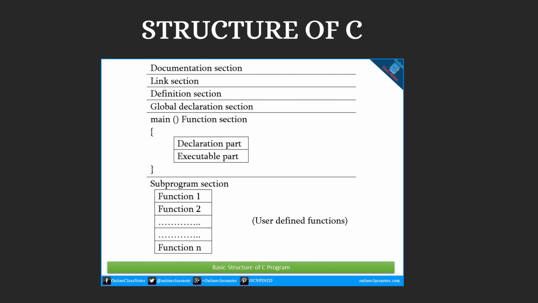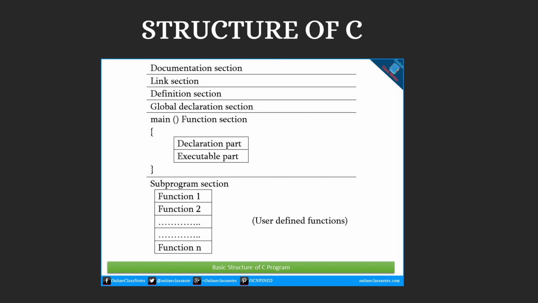Then comes the main function. Before coming to the main function, we have to know the basics of C. A C program is nothing but one or more functions. Main is a special function used by the C compiler which instructs the computer where the program starts. Every program must have exactly one main function, and the empty pair of parentheses immediately following main indicates the function has no arguments or parameters.